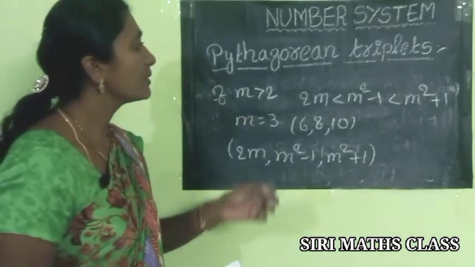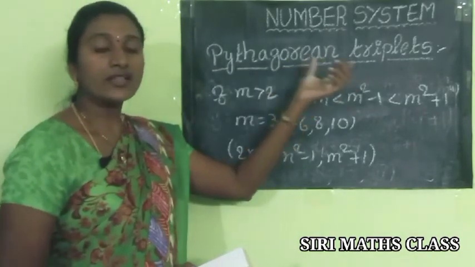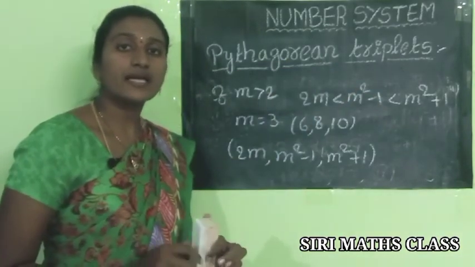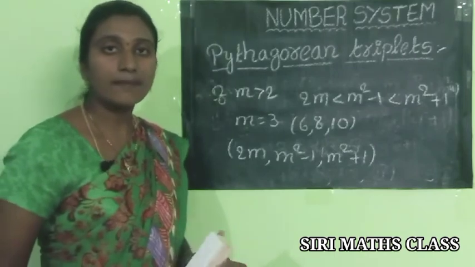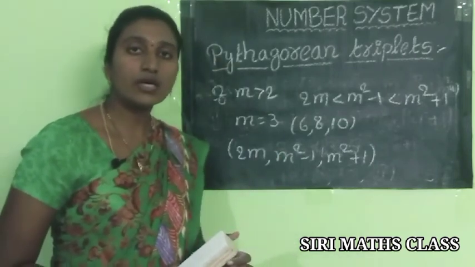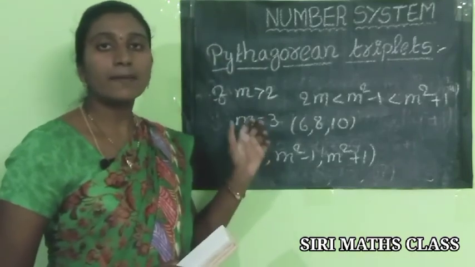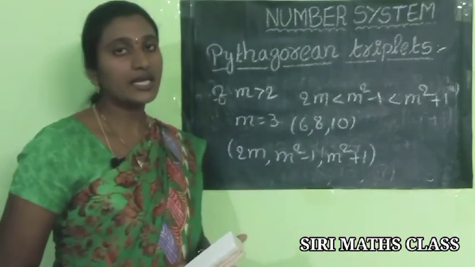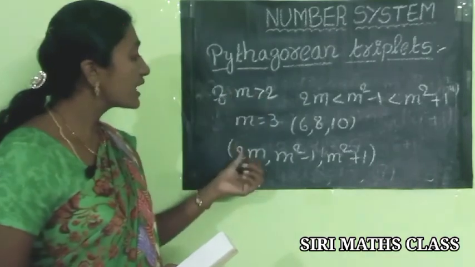Once again I am telling you, Pythagorean triplets: m, n, p are any three natural numbers. By using Pythagoras theorem, m square plus n square equal to p square, then m, n, p is called a Pythagorean triplet. What is the condition?